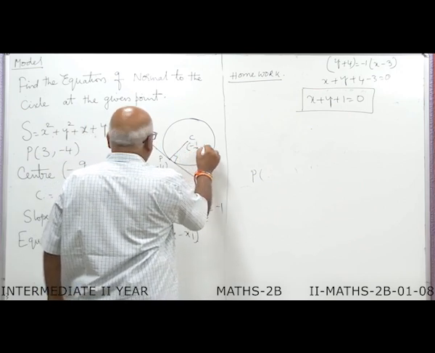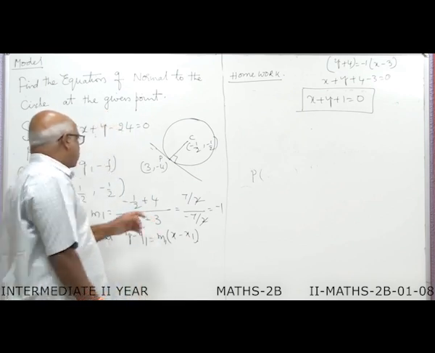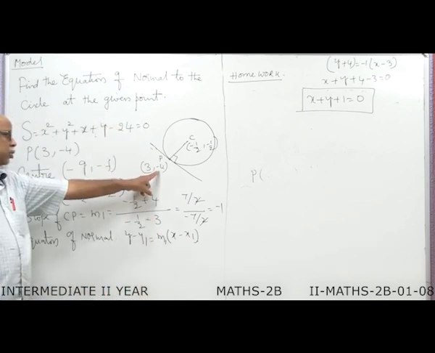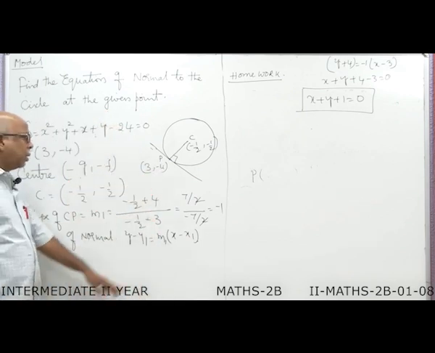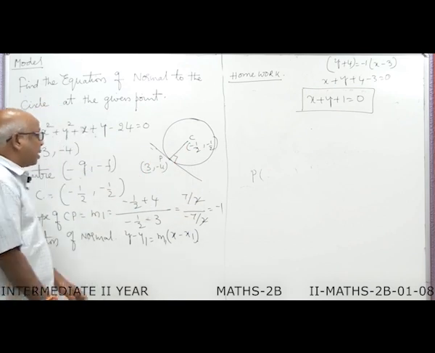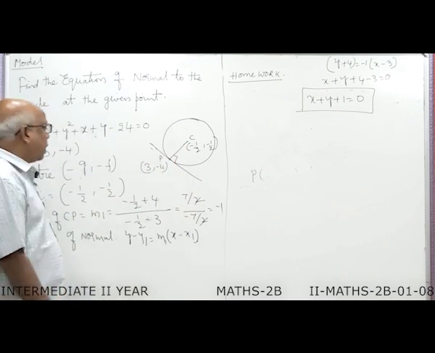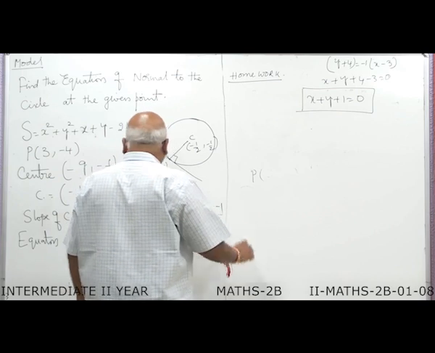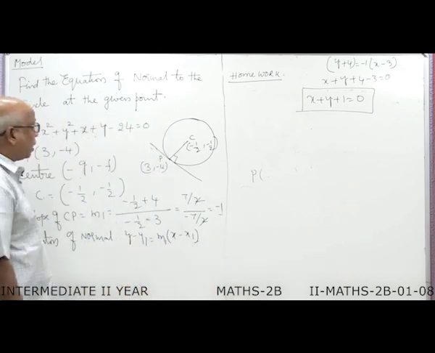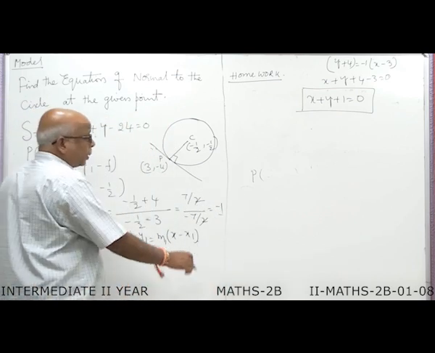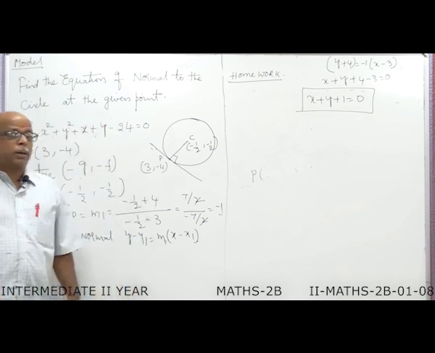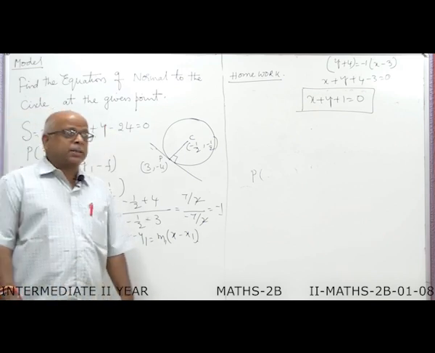By applying the formula, minus 1 by 2 minus (minus 4) by minus 1 by 2 minus 3, that is 7 by 2 by minus 7 by 2. Slope is minus 1. Equation of normal: y minus y1 equal to m into x minus x1.